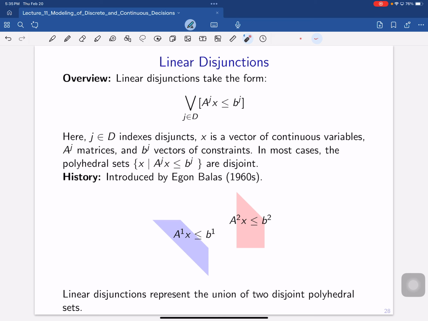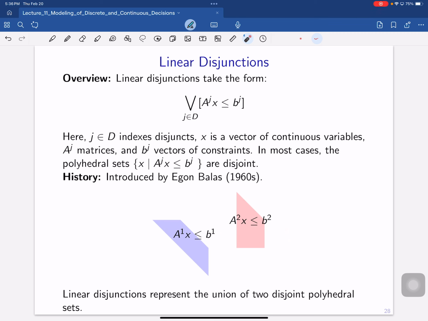So what I want to express here is I have some continuous variable x represented in dimension Rn. Now I want to express some logic condition that involves the continuous variable. I want to say the continuous variable is either in this polyhedral set or in this polyhedral set.